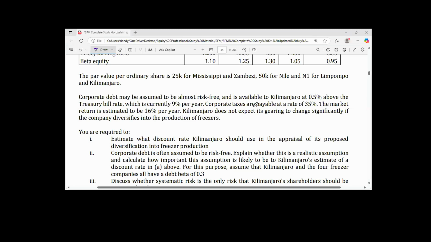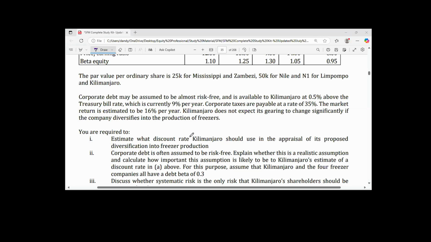Corporate debt may be assumed to be almost risk-free and is available to Kilimanjaro at 0.5% above the Treasury bill rate, which is currently 9% per year. Corporate taxes are payable at the rate of 35%. The market return is estimated to be 16% per year. Kilimanjaro does not expect its gearing to change significantly if the company diversifies into the production of freezers.